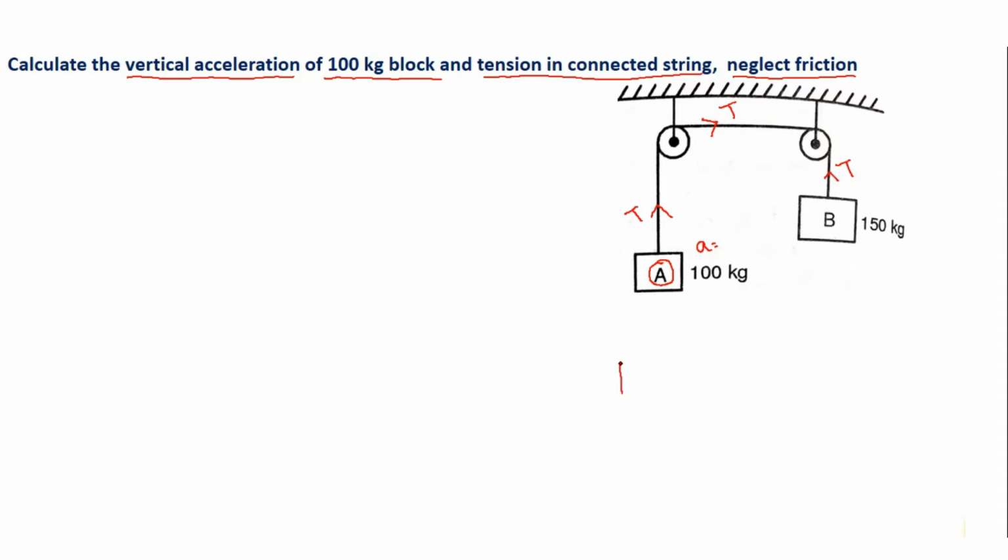So for A, I have a block of weight 100 kg. The first force which we show is the applied force, and let us say it will be a tension T. Second force we show as self weight acting vertically downwards, so it will be 100. As it is in kg, we need to convert it into newtons. The third force is reaction from contact surface.